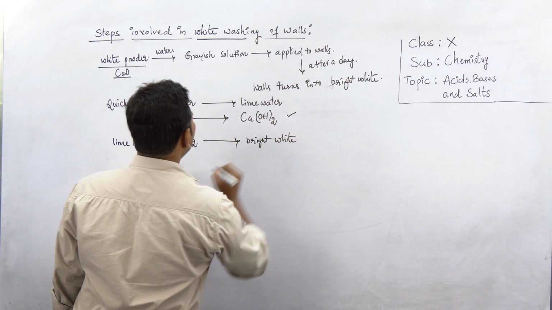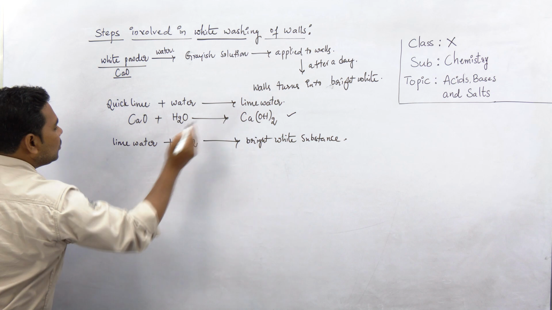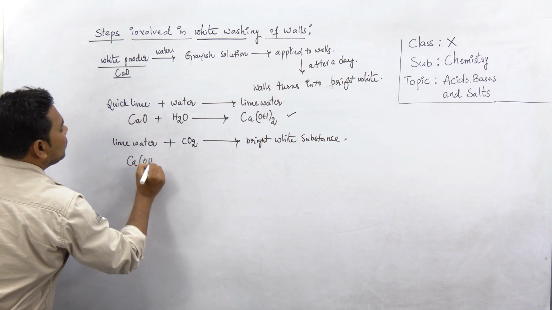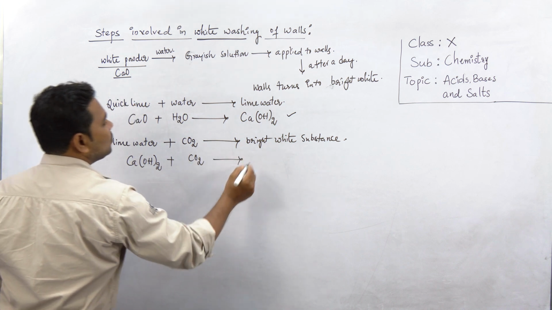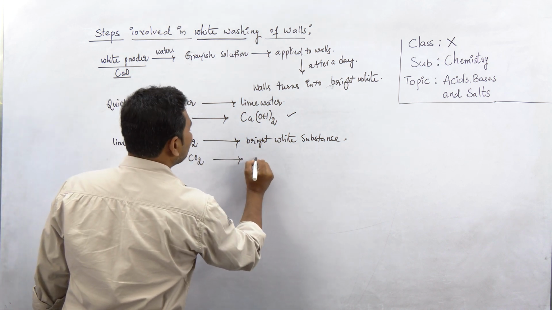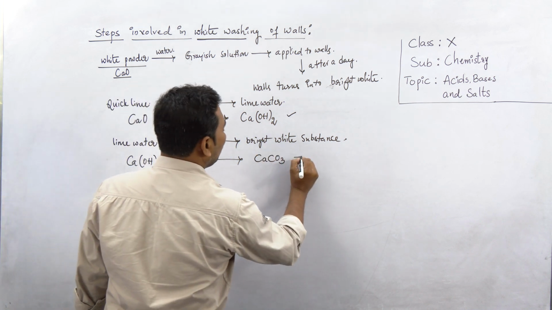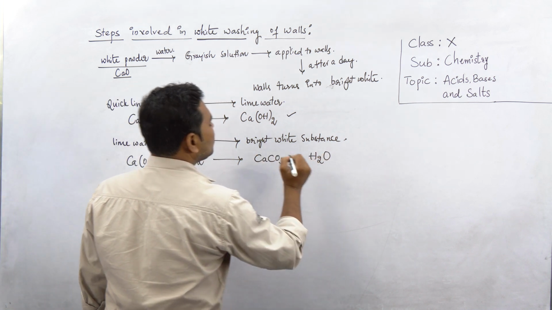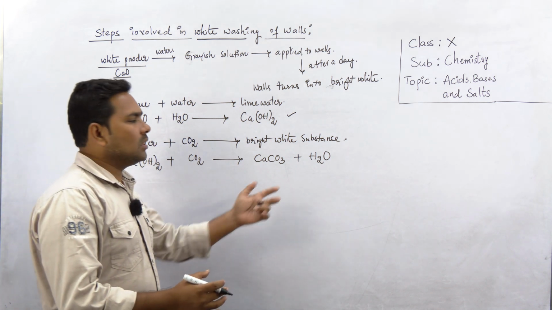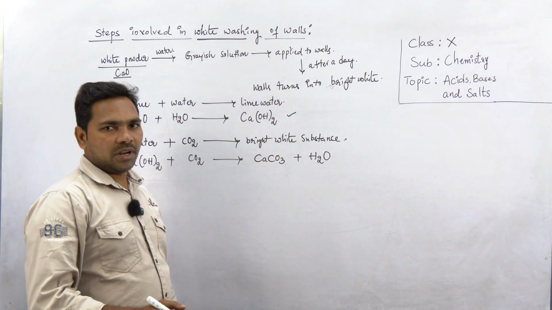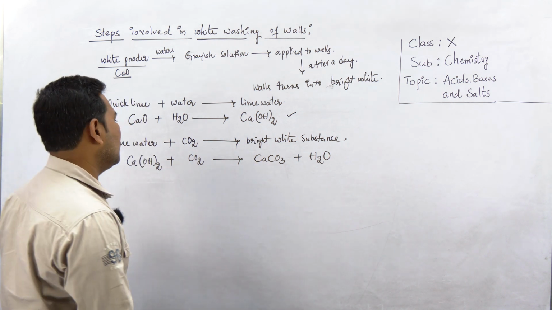Ca(OH)2 plus CO2 gives rise to a milky white or bright white substance, CaCO3, calcium carbonate, and along with calcium carbonate, water is also produced. But when we whitewash walls, because of the sun's heat, the water produced generally evaporates. So we can't see water, but we see the walls turn milky white.